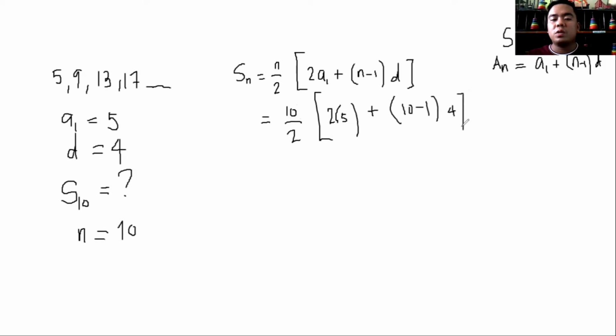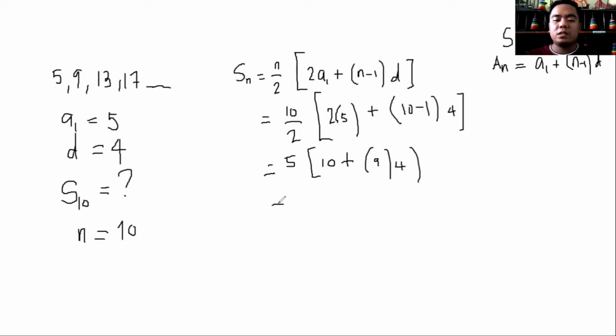So let us simplify. 10 over 2 is 5. Brace, 2 times 5 is 10, plus 10 minus 1 is 9, times 4.